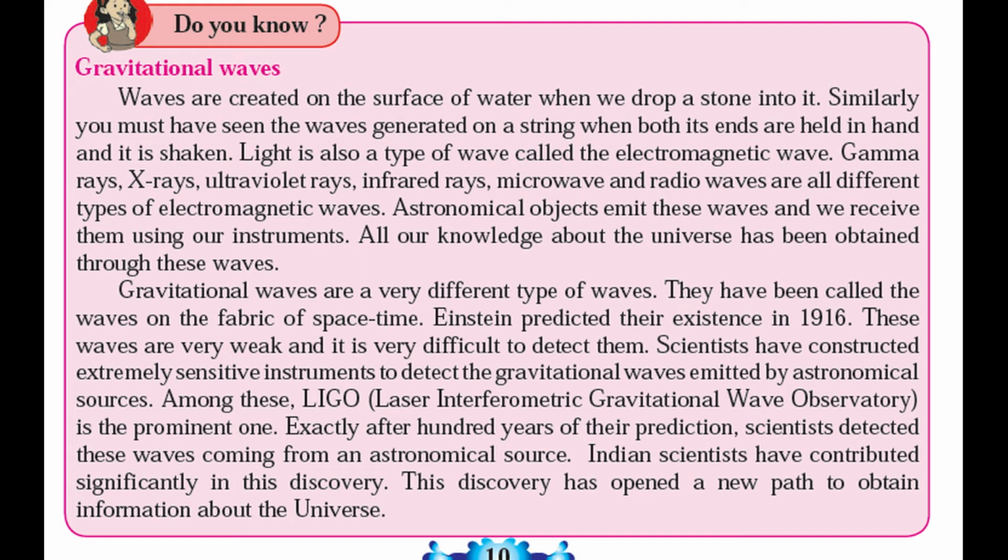Gravitational waves are very different types of waves. They have been called the waves on the fabric of space-time. Einstein had predicted their existence in 1916, and these are actually very weak and very difficult to detect.